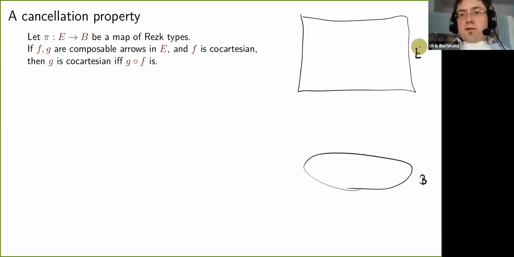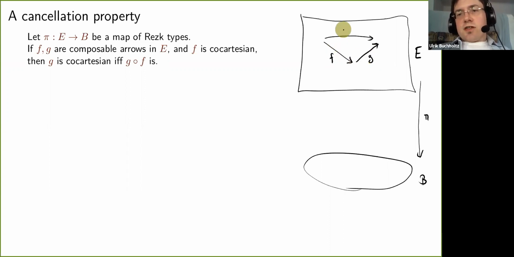So here now it's called E, and we have a map pi here. So we have composable arrows in E, F and G, and these are RESC types, so they're categories, so you might as well put in the composite. So here's F, here's G, and here's G composed with F, and here's a filler. And of course, that lies over a 2-simplex in the base.